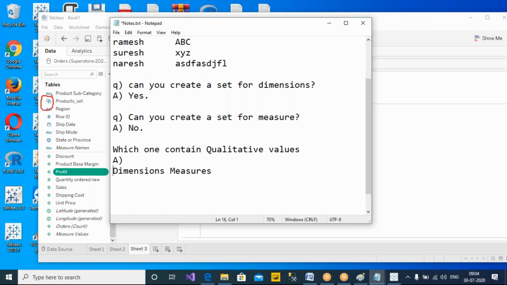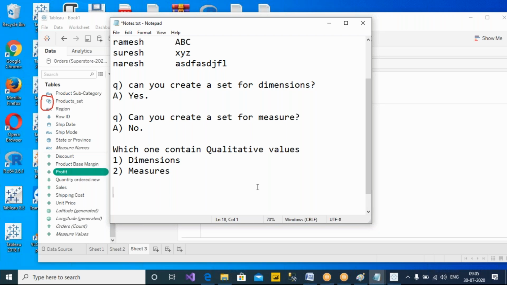This was a certification question, and they gave only these two things. What is your answer? Which one contains qualitative values? Is it a dimension or is it a measure?